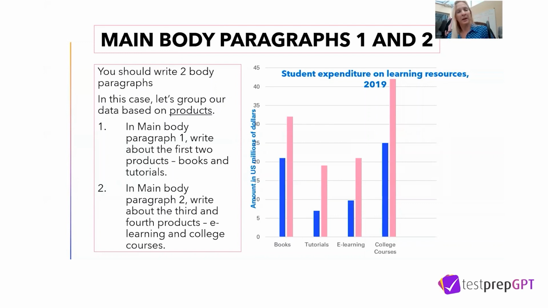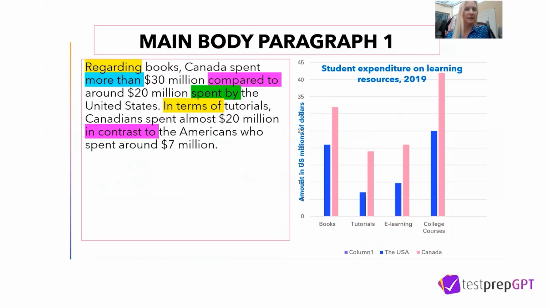So in main body paragraph 1, I've written about books and tutorials. In main body paragraph 2, I've written about e-learning and college courses. That's how I've grouped the information. So let's take a look at how we can write paragraph 1.